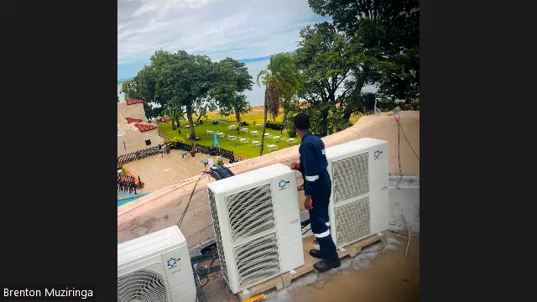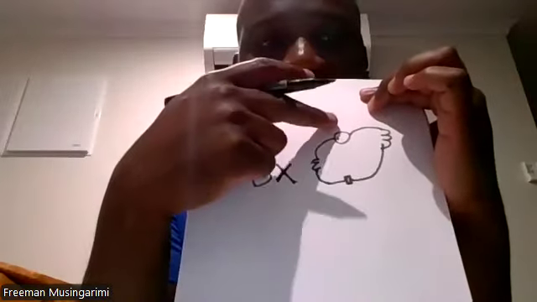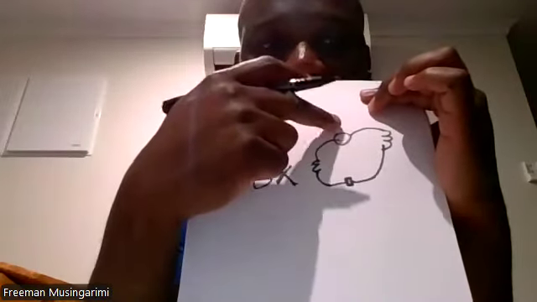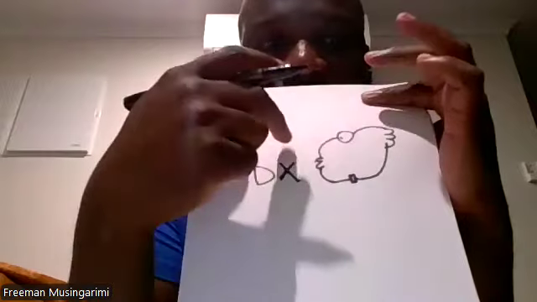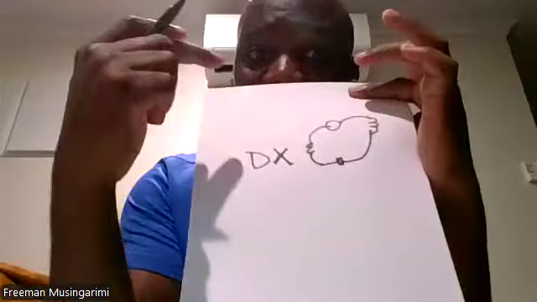The direct expansion, which is the first circuit I explained before, with the compressor, expansion valve, evaporator, and condenser. You explained that one. That's the first circuit.